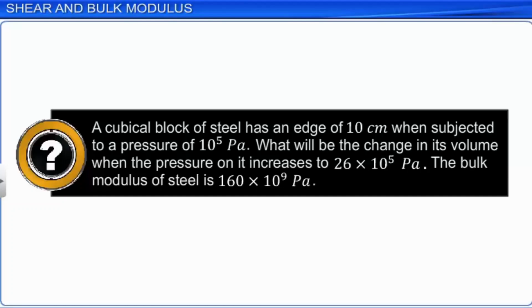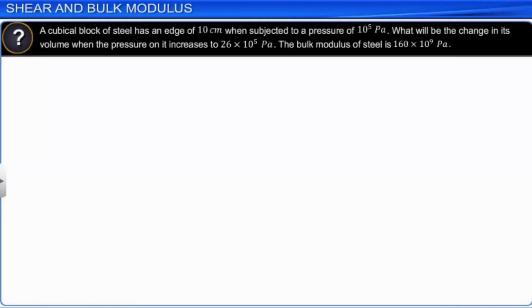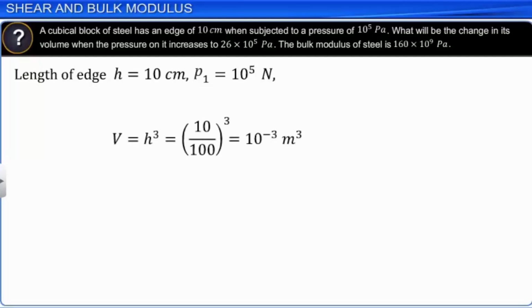The original volume of the cube is the cube of the edge. Expressed in meters, the original volume is 10 to the power minus 3 meters cubed. The bulk stress, delta P, is equal to the change in pressure, and substituting the original and new pressures, delta P is 25 times 10 to the power 5 Pascal. Bulk modulus is the ratio of bulk stress to bulk strain.